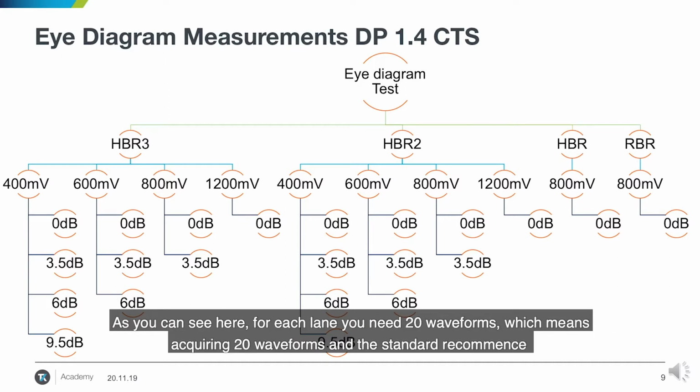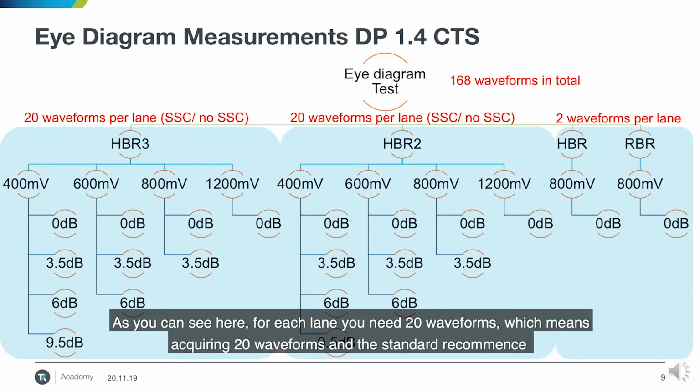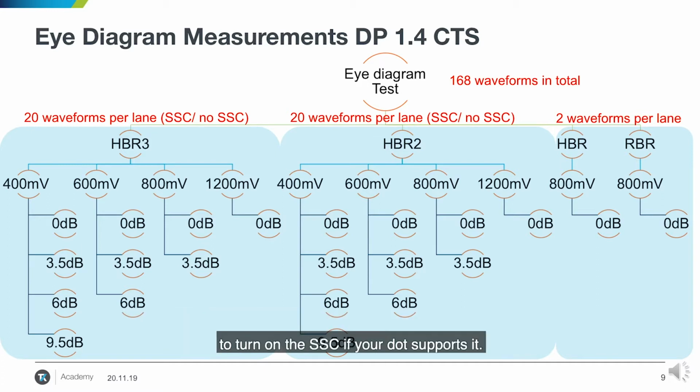As you can see here, for each lane you need 20 waveforms, which means acquiring 20 waveforms, and the standard recommends to turn on the SSC, spread spectrum clock, if your DUT supports it.